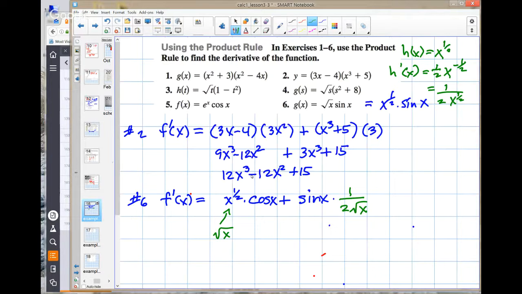We're at time. I feel like I need to do more examples with you. I need you guys to learn these two new rules. Let me just repeat them again. The product rule: if you take the derivative of a product, take the first times the derivative of the second plus the second times the derivative of the first.